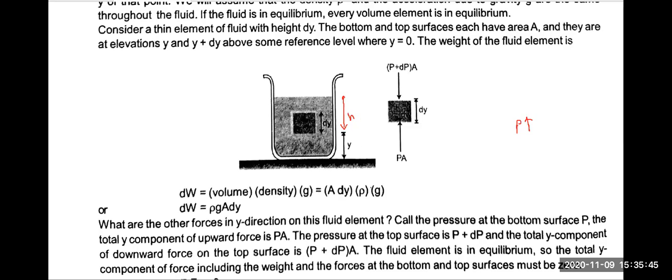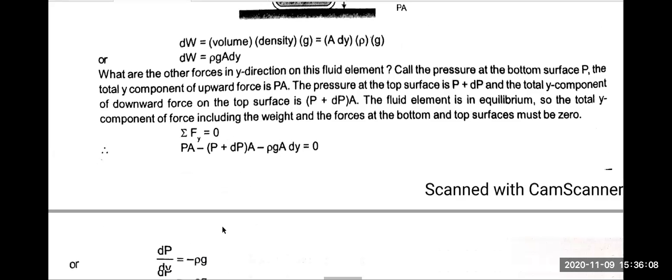But if you consider the distance from the bottom, then as y increases, pressure will decrease, right everyone? This is the basic concept.